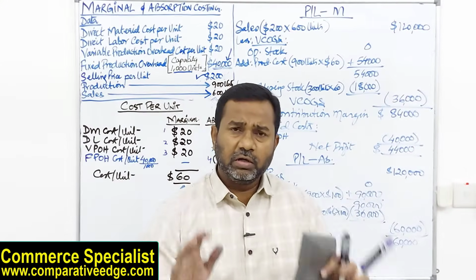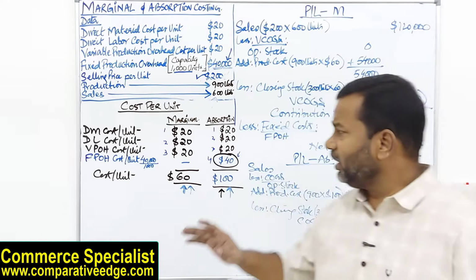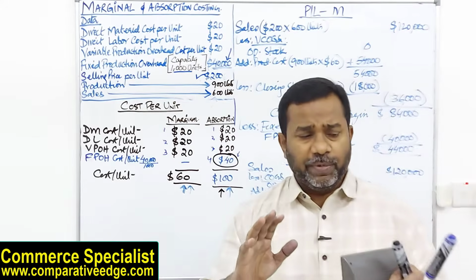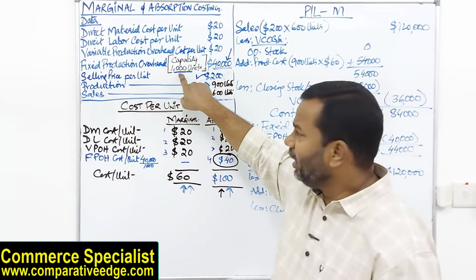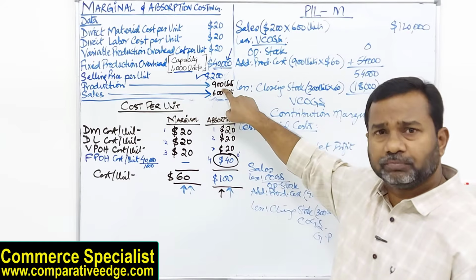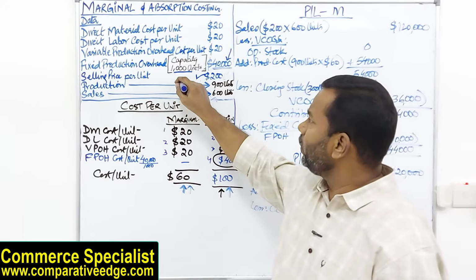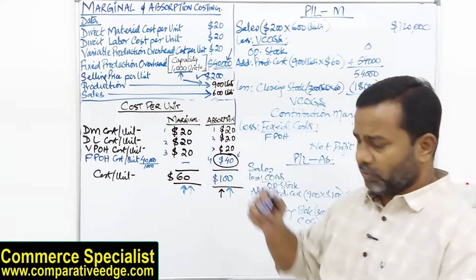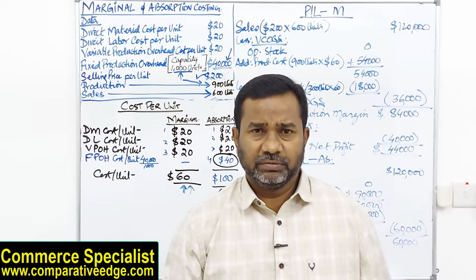Ladies and gentlemen, here you have to be very careful. When we are calculating profit and loss under absorption costing, you really have to pay attention to what is the capacity and what is the production. Now, you can see that the capacity is 1000 units, but the production is 900 units, which means we are underutilizing the capacity.